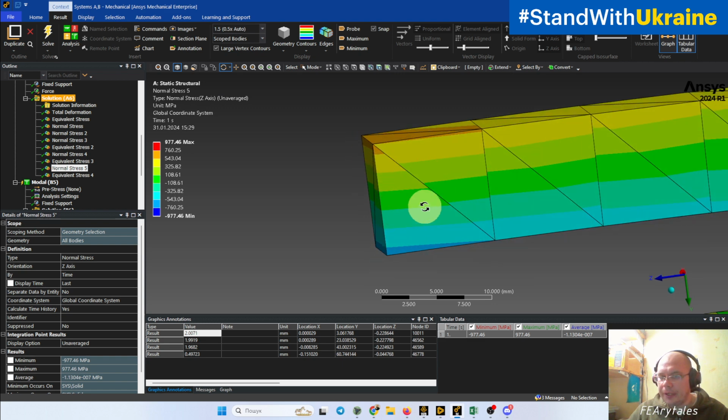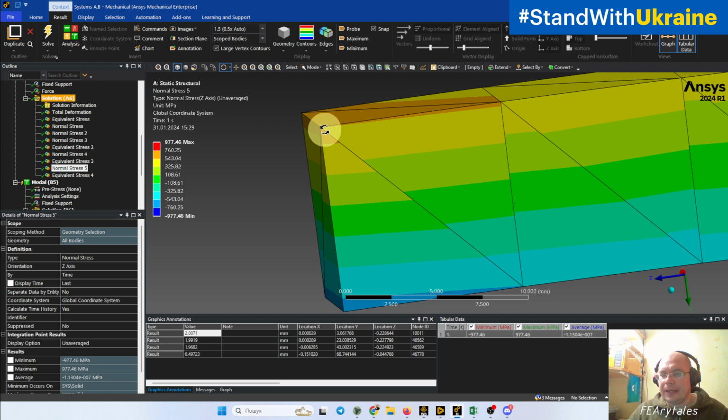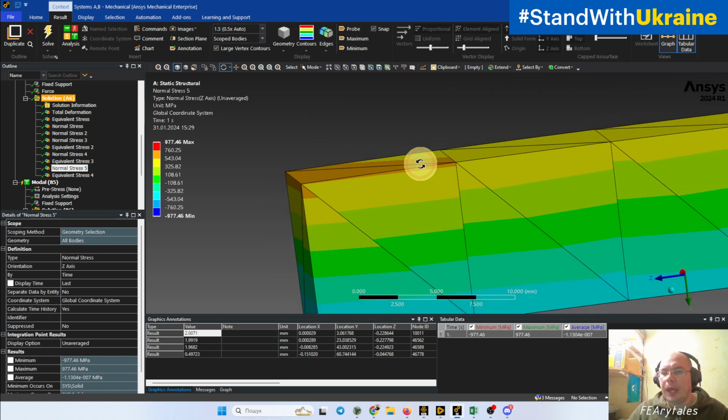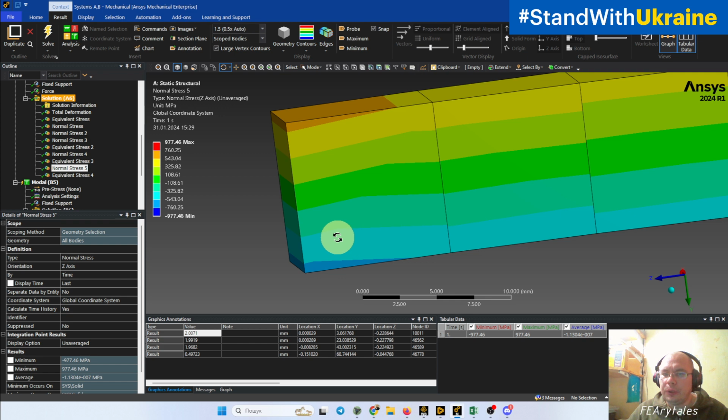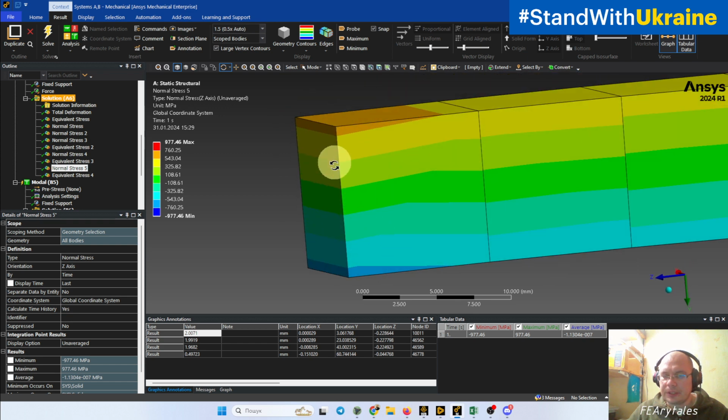And every element has its own stress distribution, but it's linear from point to point, from node to node. And the same picture we can see here. So it's linear from one node to another, from one node to another.